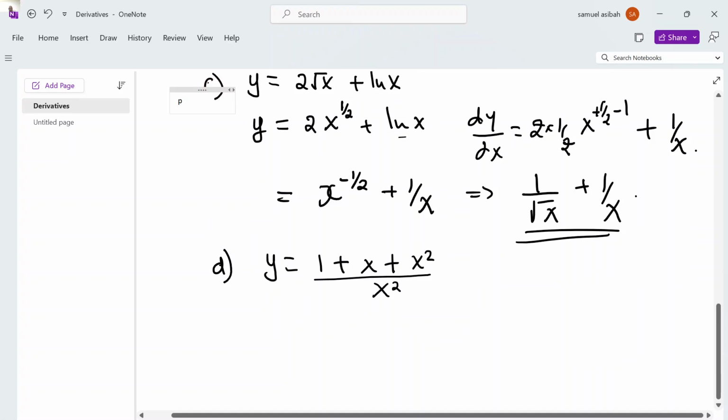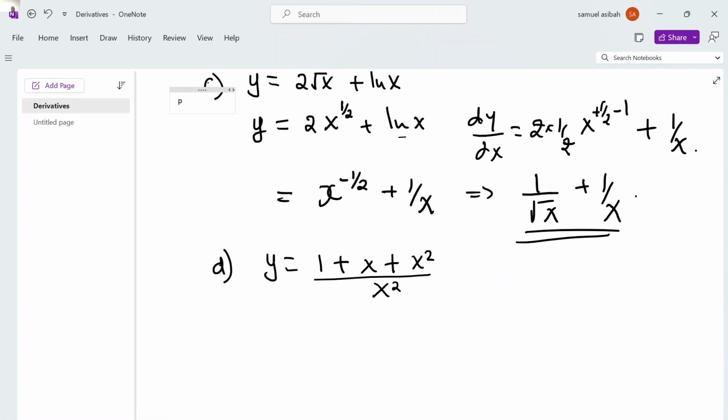Okay, we have also other situations like question D here. For you to get the derivative, as I've mentioned before, you are supposed to rewrite the equation, whereby we can say that y is equals to 1 over x squared plus x over x squared plus x squared over x squared.